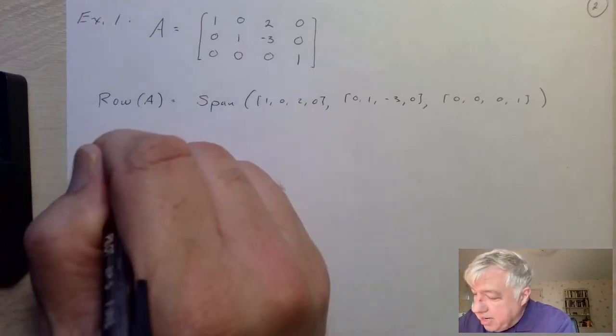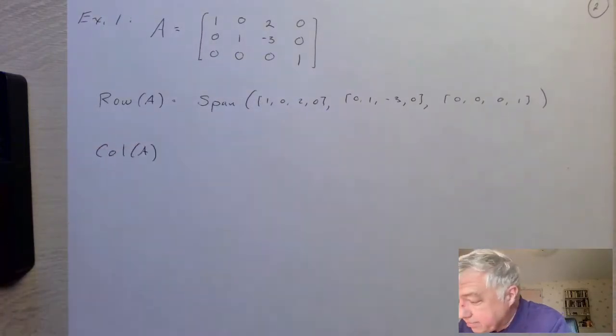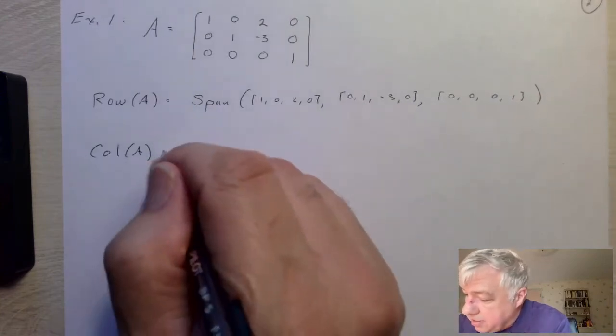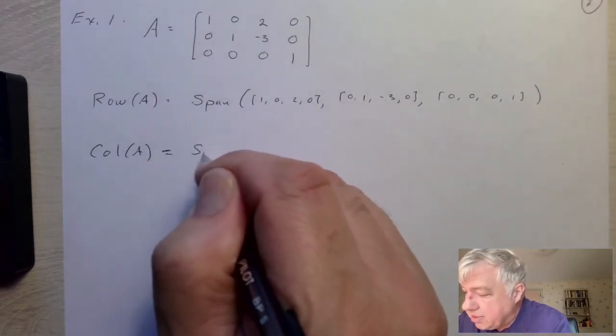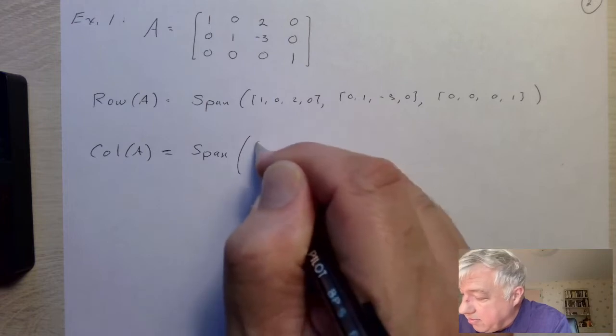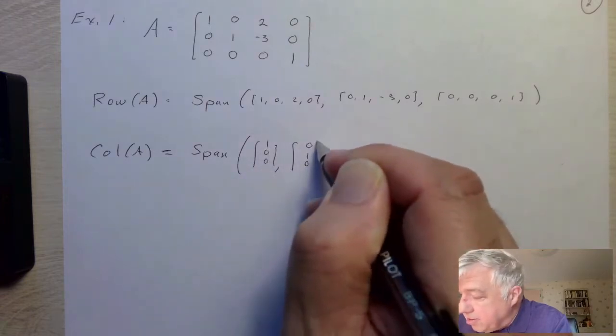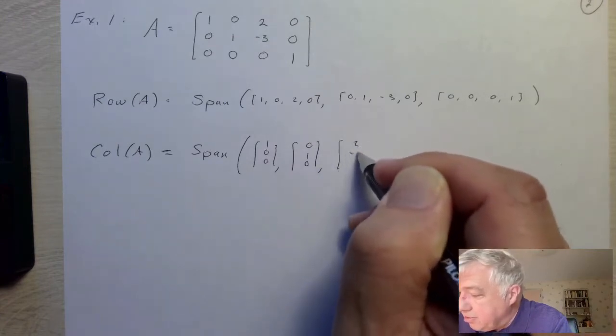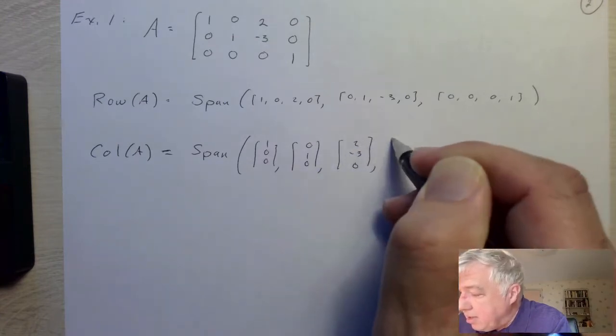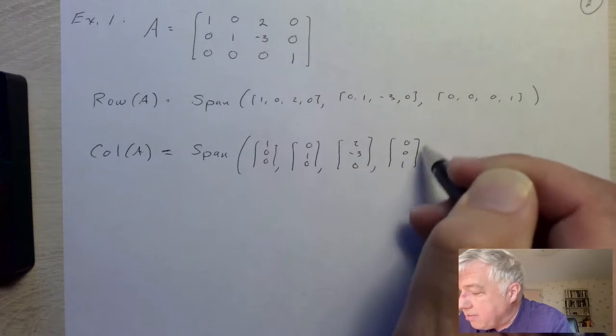The column space of A consists of the columns, right? So this is the span of (1, 0, 0), (0, 1, 0), (2, negative 3, 0), and (0, 0, 1).